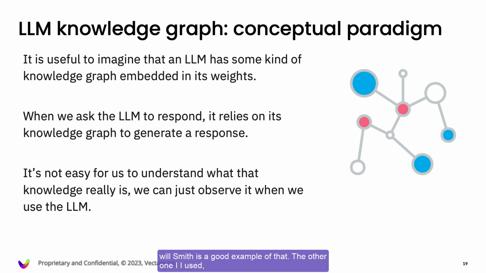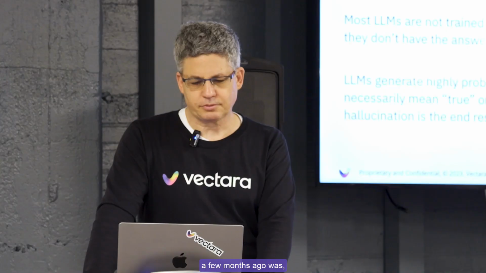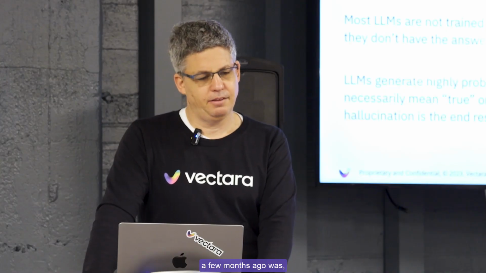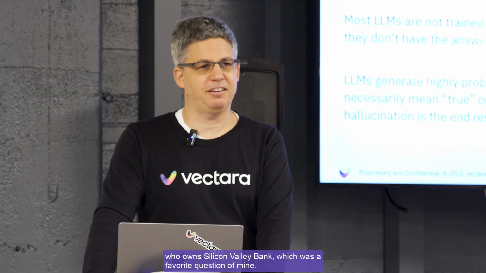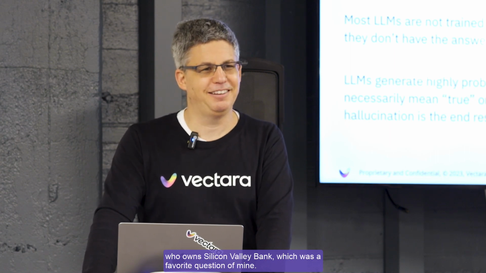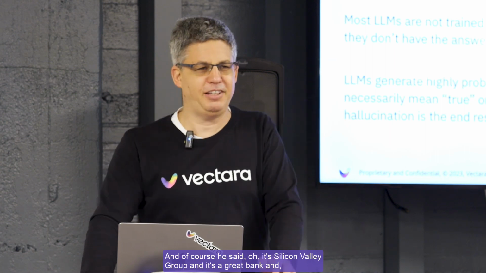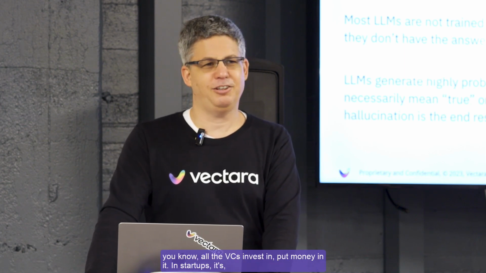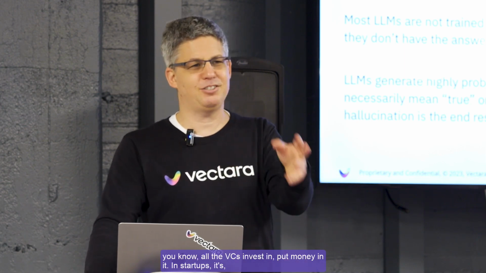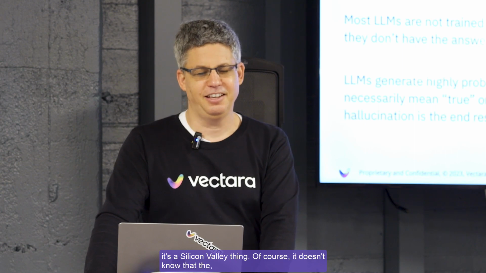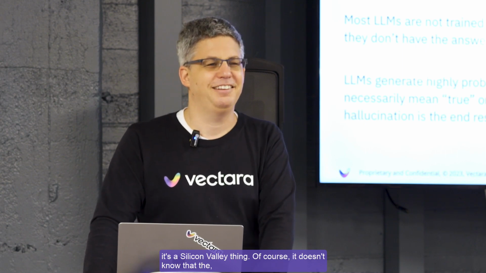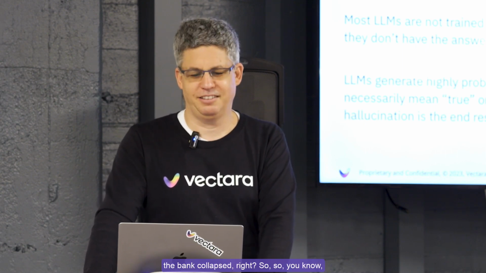The other one I used a few months ago was who owns Silicon Valley Bank, which was a favorite question of mine. And of course it said it's Silicon Valley Group, and it's a great bank, and all the VCs invest money in the startups. It's a Silicon Valley thing. Of course, it doesn't know that the bank collapsed.